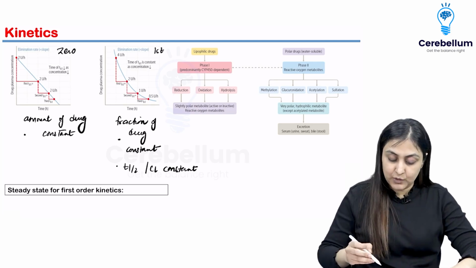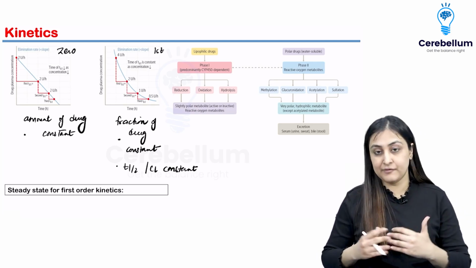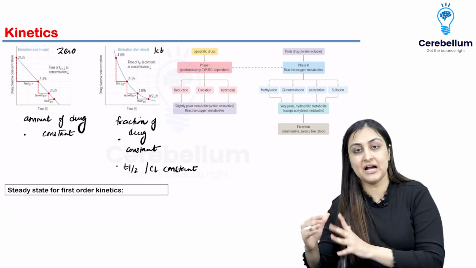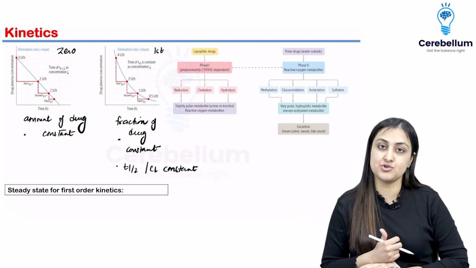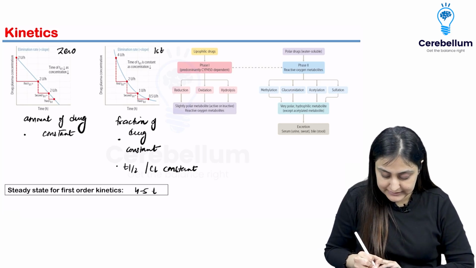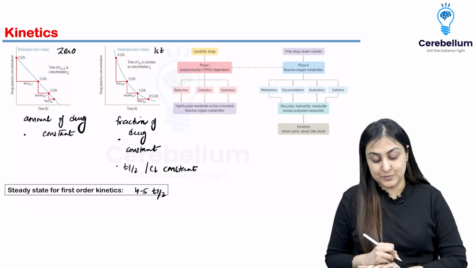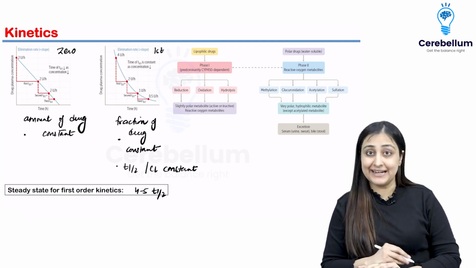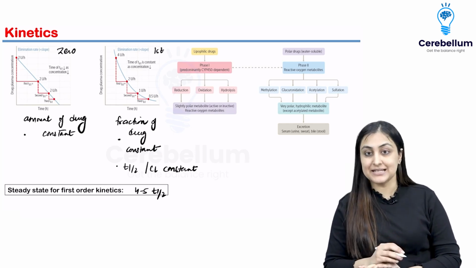After around 4-5 T halves, the steady state for first order kinetics is reached. So 4-5 T halves is usually needed for the steady state in first order kinetics. Alright, so this is about the identification of graphs that can be tested.